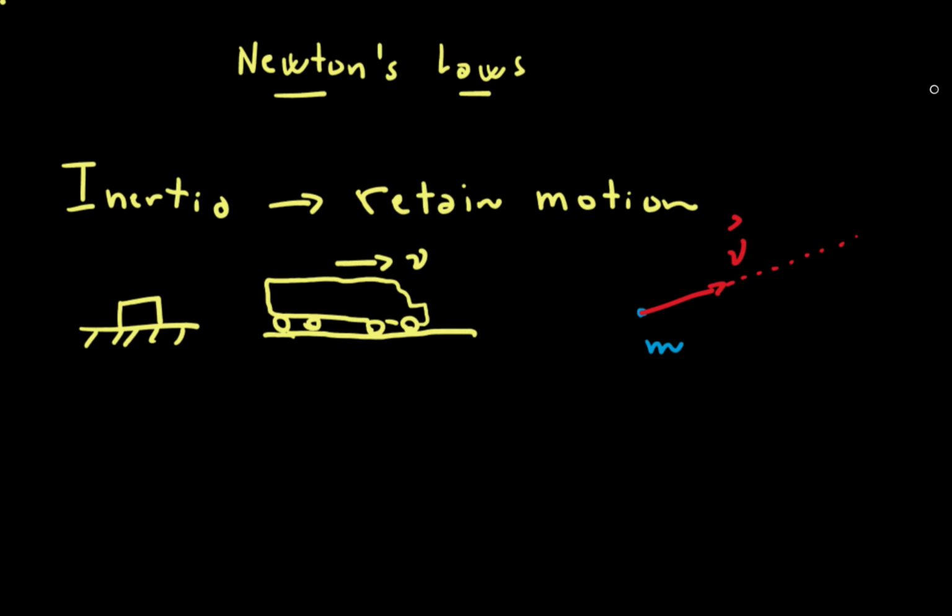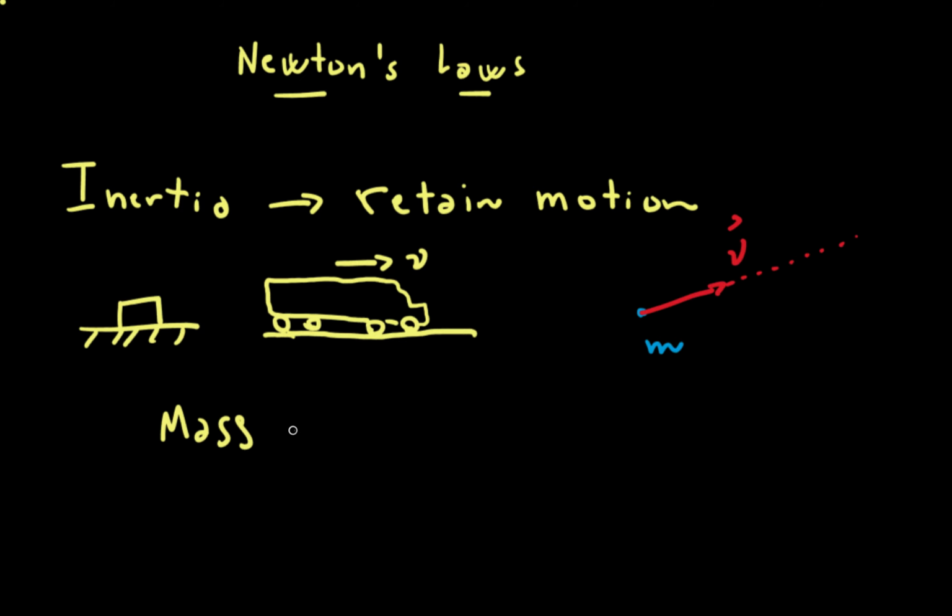Now we can quantify how much inertia an object has, and so to quantify inertia, we'll introduce something called mass. That is, the more mass you have, the more an object resists changes in its motion.